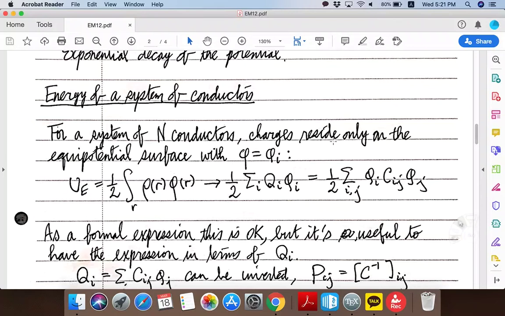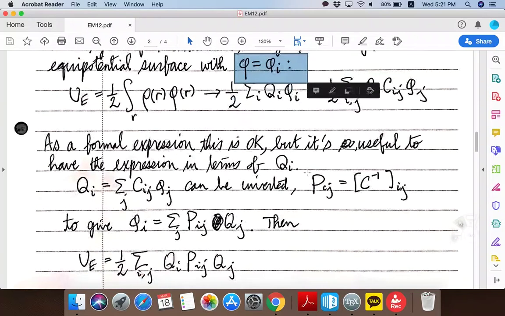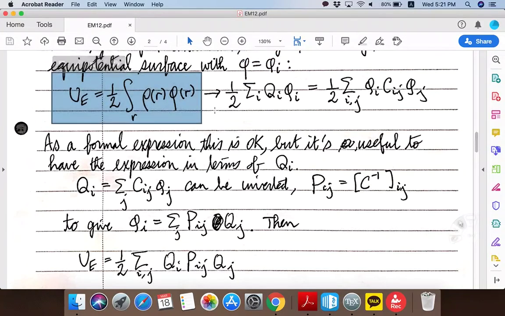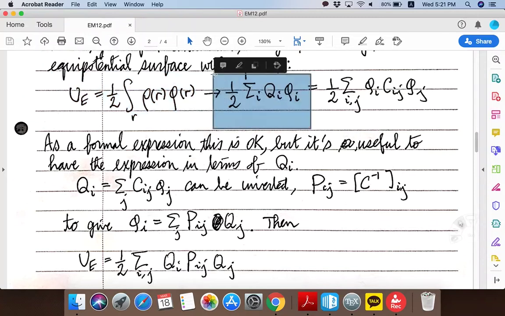And the entire surface of the conductor is at an equipotential, phi I. So therefore, although this would be the most general expression for the electrostatic potential energy, in fact, for a system of conductors, this expression reduces to a discrete sum where for each conductor we have the product of the charge sitting on that conductor multiplied by the potential at which that conductor is being held.